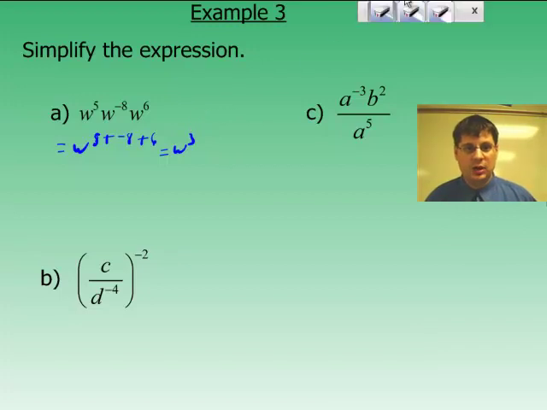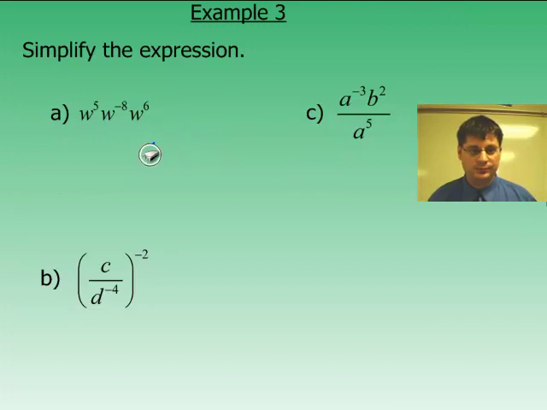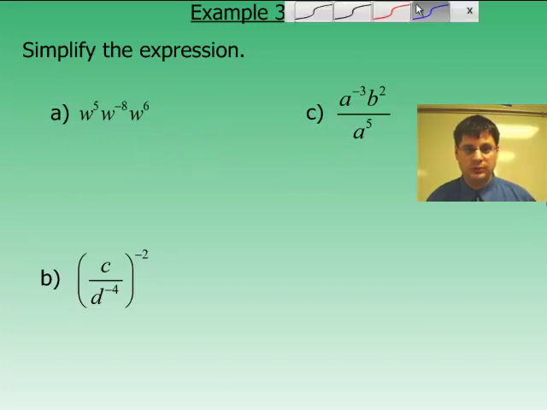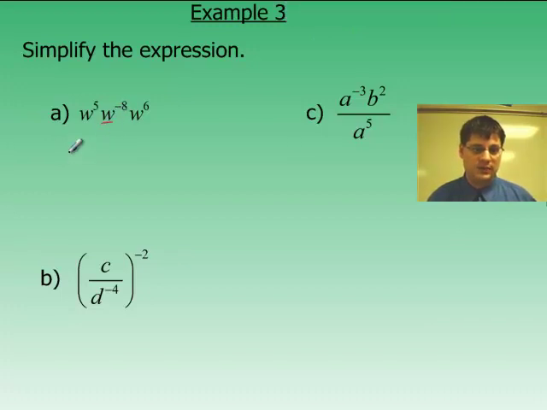Or I can take a completely different route just to show you what this would look like. Because this middle w has a negative exponent, it could switch sides. So I have w to the 5th and w to the 6th divided by w to the 8th.